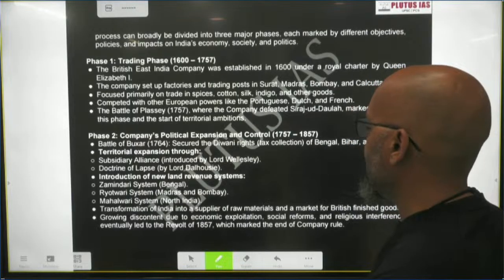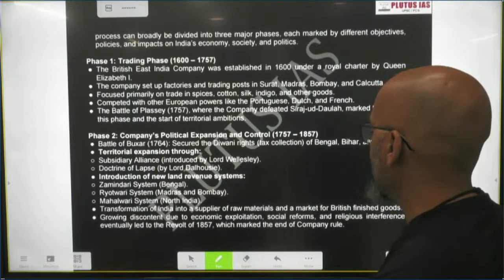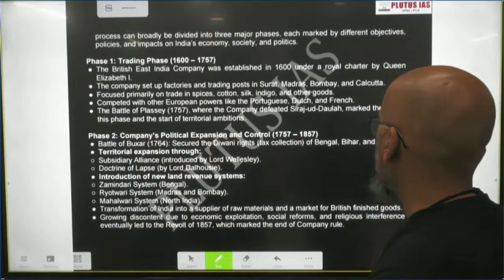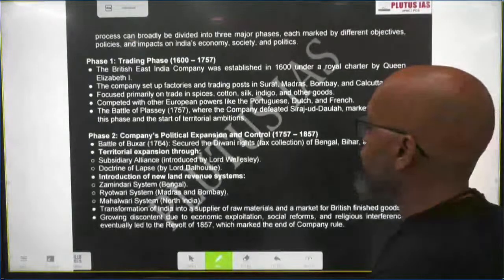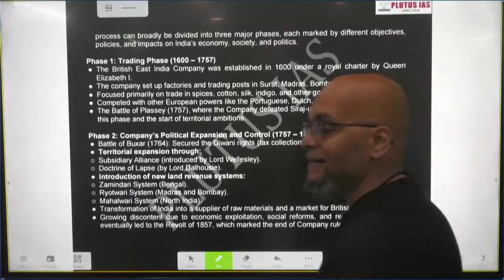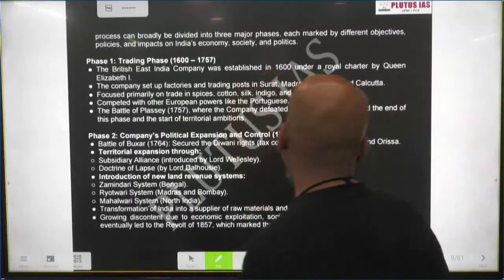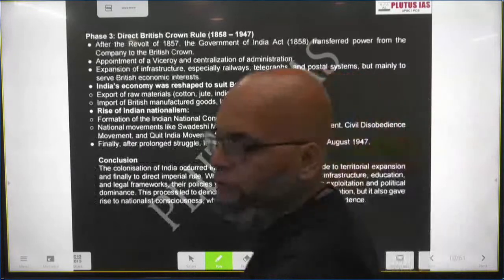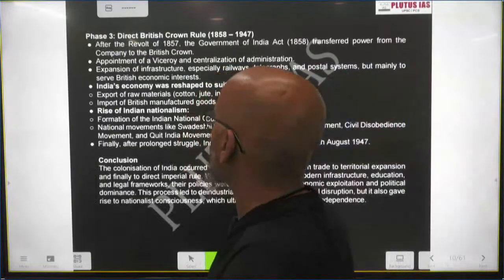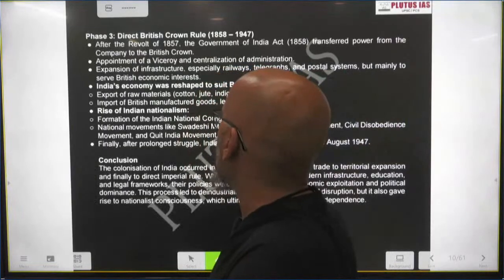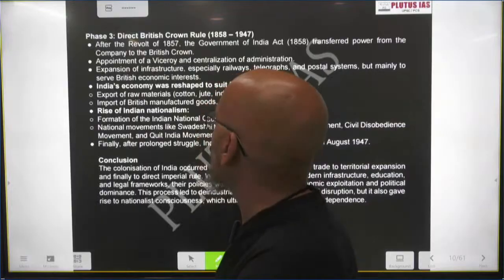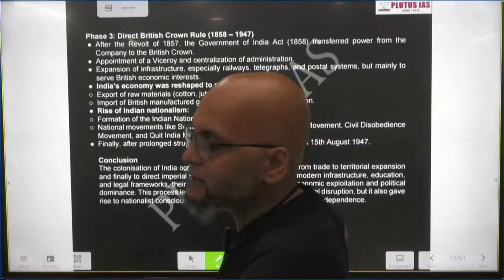Growing discontent due to economic exploitation, social reforms, and religious interference eventually led to the revolt of 1857, which marked the end of company rule. Phase 3, direct British Crown rule from 1858 to 1947, that is 90 years.